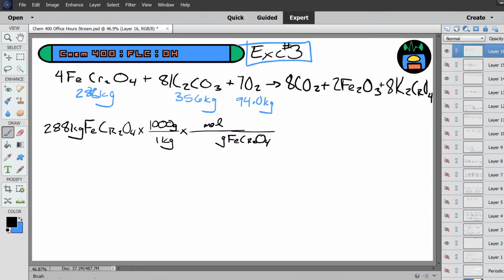And this is going to take a little legwork. So iron is like 50 something. I want to say 55.85.